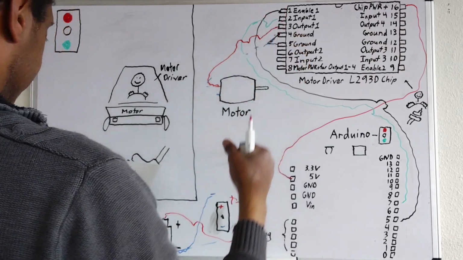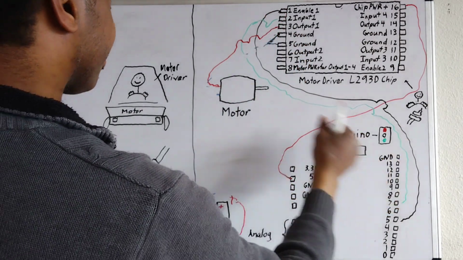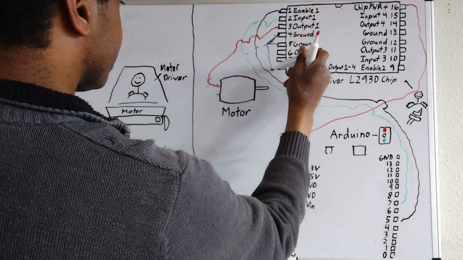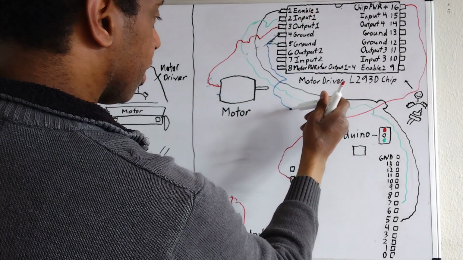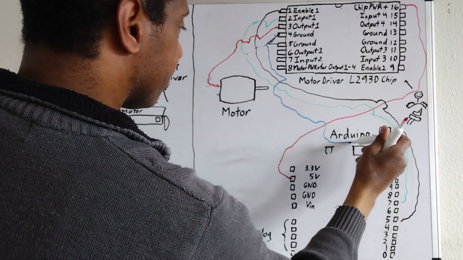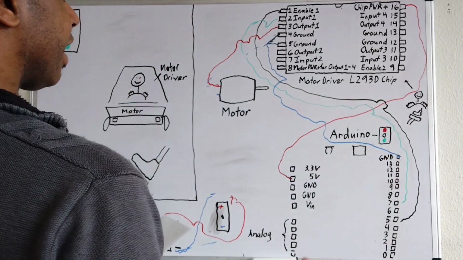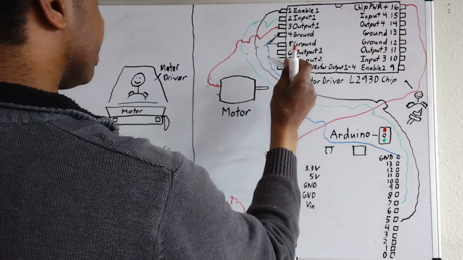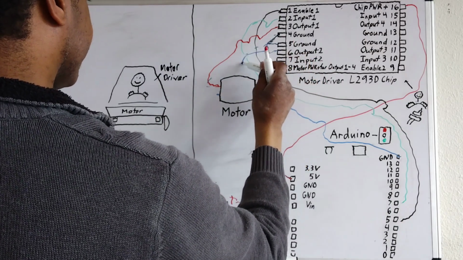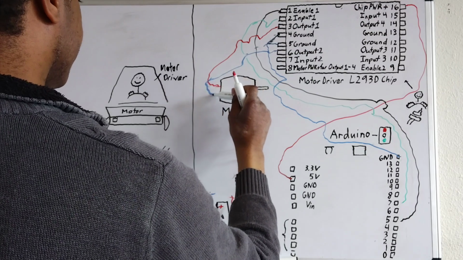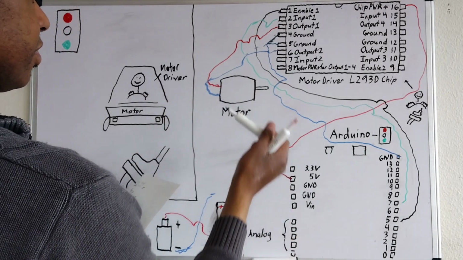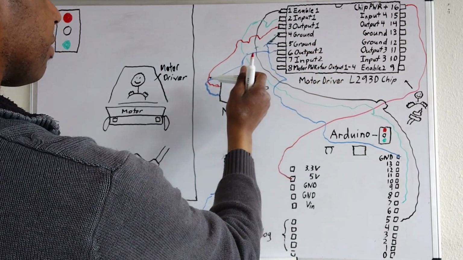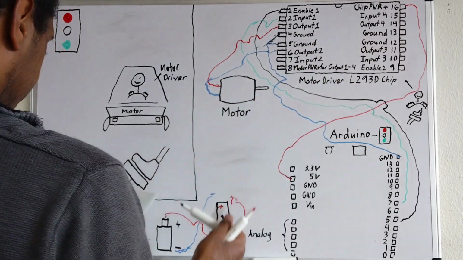This ground has to go to here, actually, because even chips need ground. Okay, output, now this one goes to here. It's like that wasn't right. Here. So we could turn the motor. And so we got a positive and a negative.